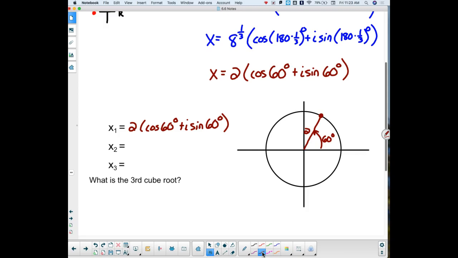Okay. Now, we found one before, right? We found straight up -2, right?